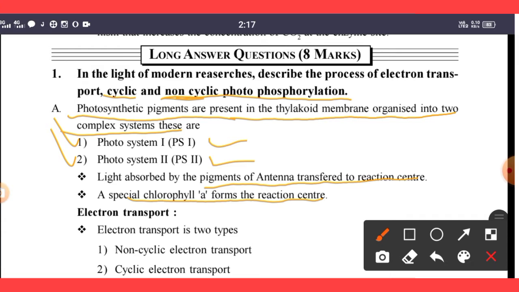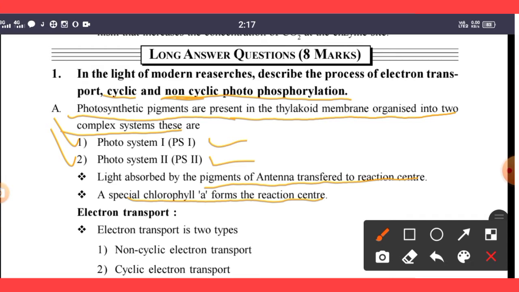Now these electrons are transported by the different electron acceptors. Finally they may attach to one chemical compound, that is NAD, and it is converted into NADH2.